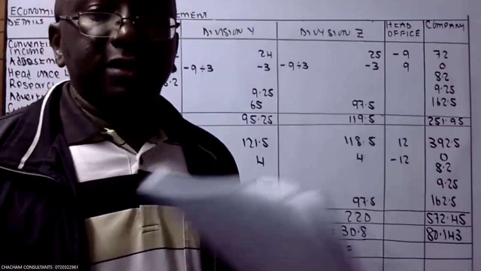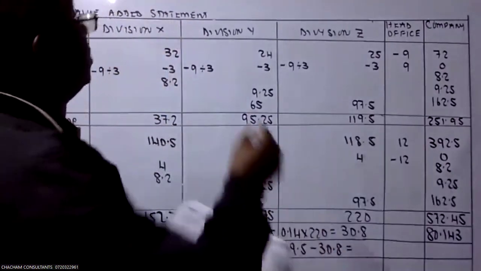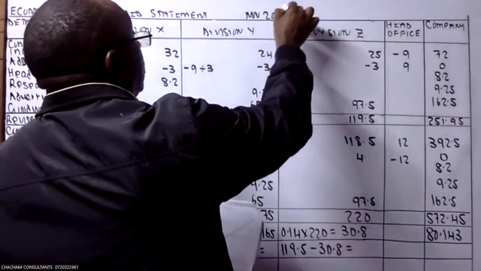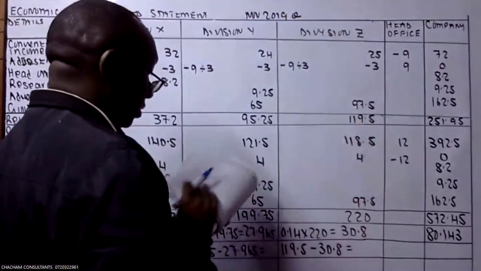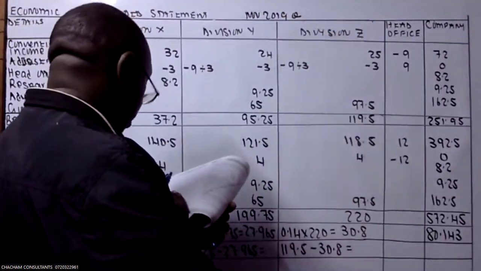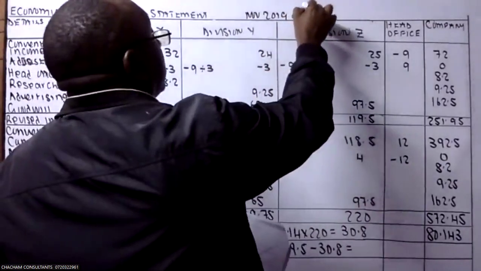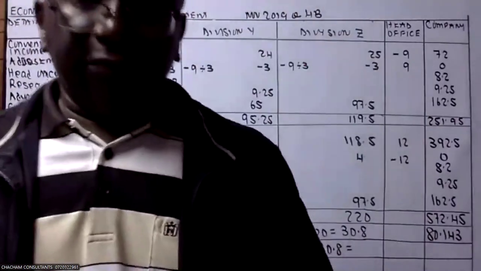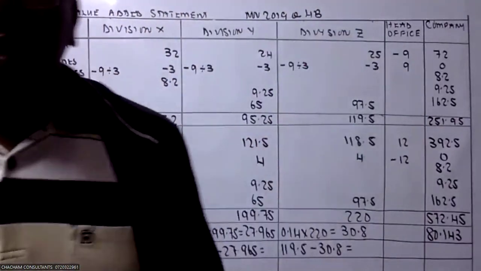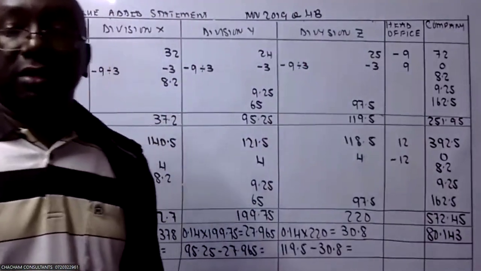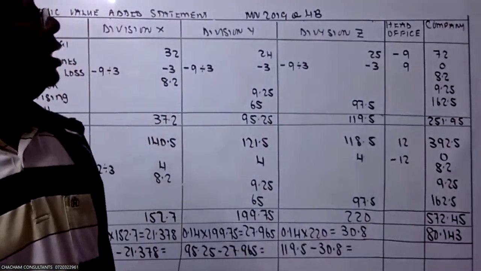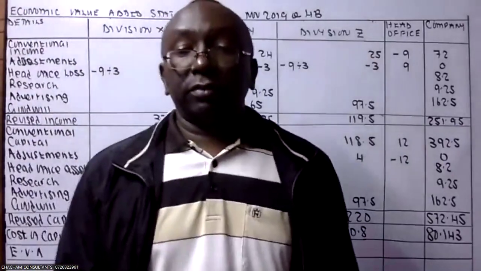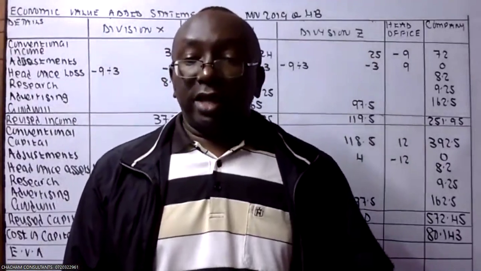So when we meet next, kindly remind me that we solve this question of November 2019, Question 4B. Remind me in case you realize I have forgotten, so that we are able to see the other way of computing EVA. And that area will be done.